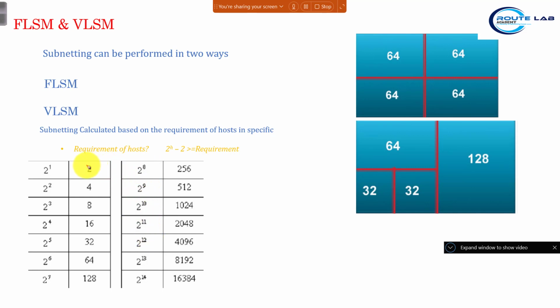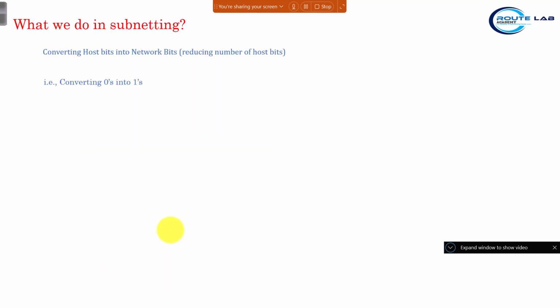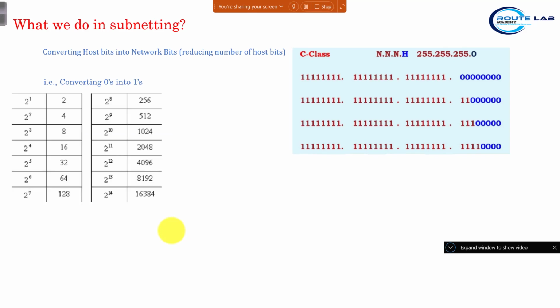The possible sizes are 2 blocks, 4 blocks, 8, 16, 32, 64, 128, 256, 512, 1024, 2048, 4096, 8192, 16384. Based upon these possible sizes, we divide the network. Here we convert the host bits into network bits, that is, zeros into ones.